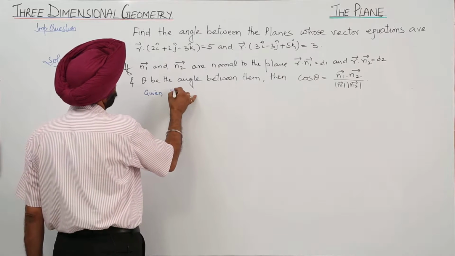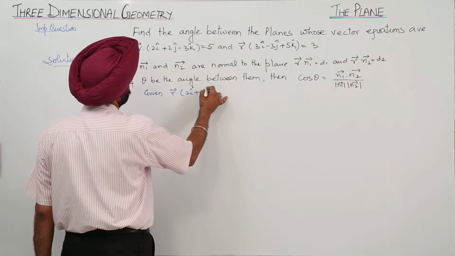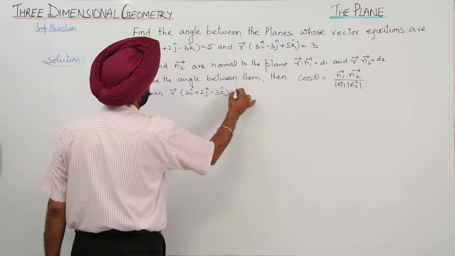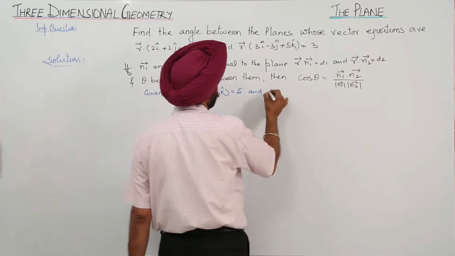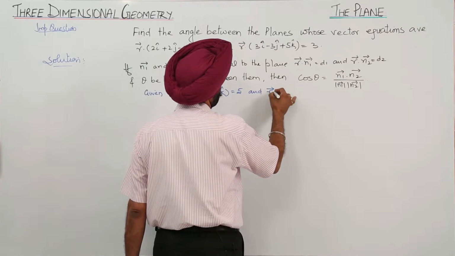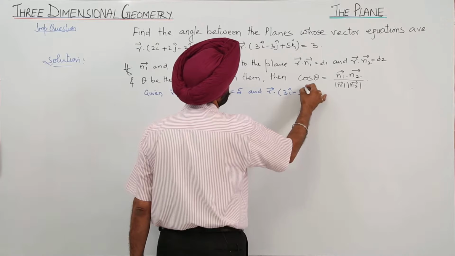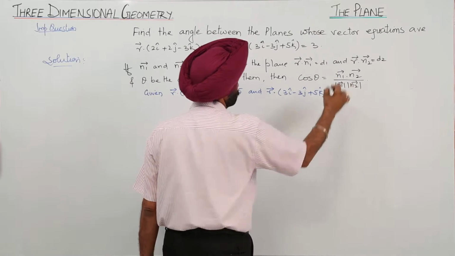So now, given vector r dot 2 i cap plus 2 j cap minus 3 k cap is equal to 5 and vector r dot 3 i cap minus 3 j cap plus 5 k cap is equal to 3.